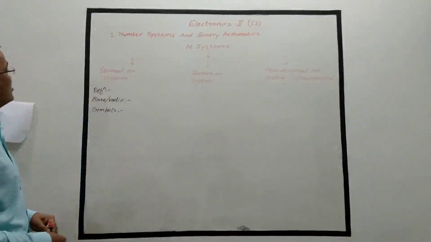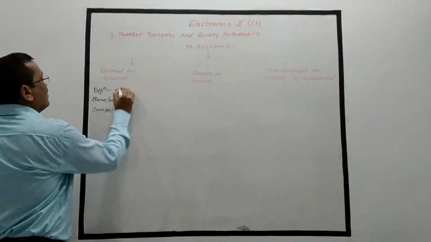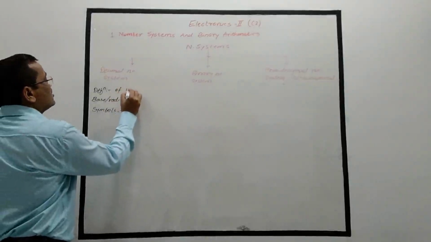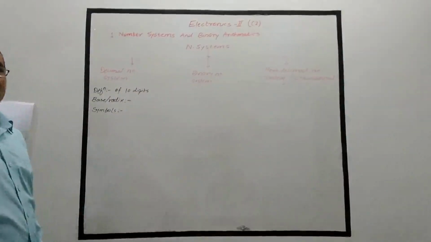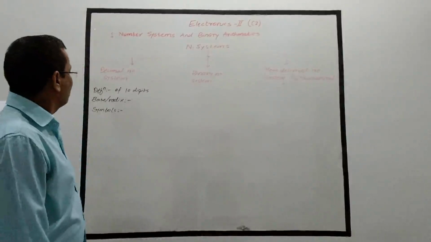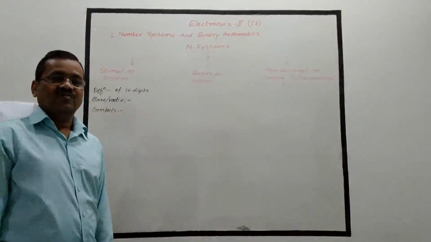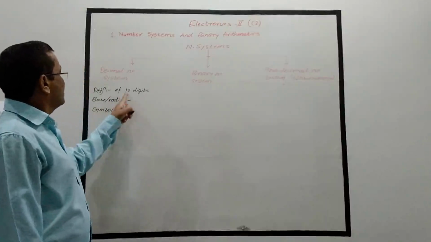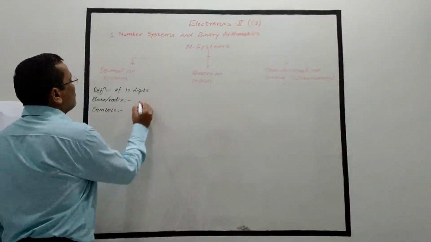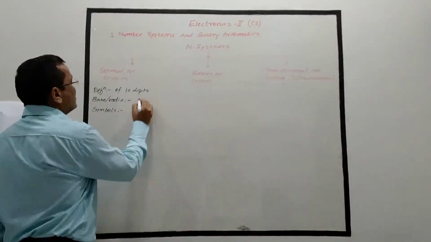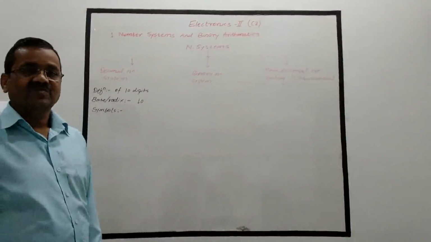So in the decimal number system, there are 10 digits or symbols. The base or radix is the total number of symbols used, that is 10. So 10 is the radix of the decimal number system.